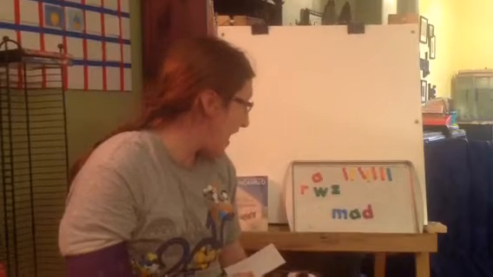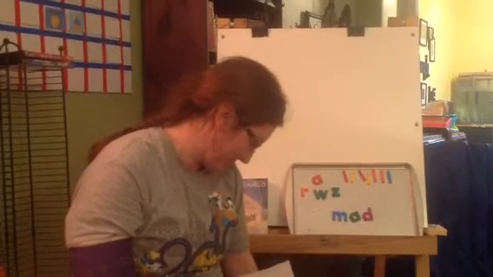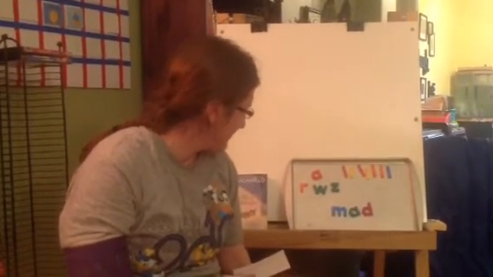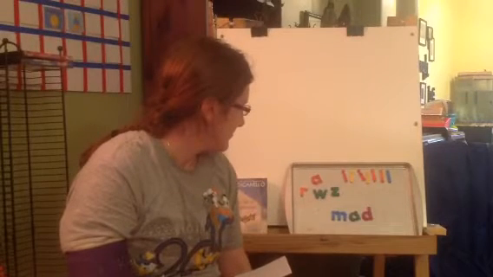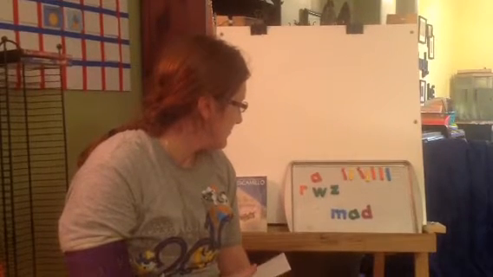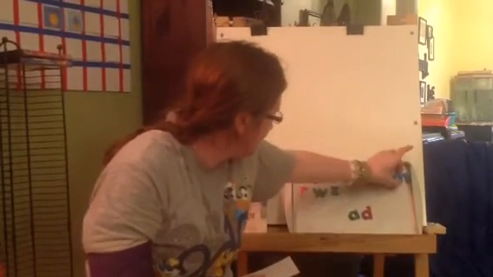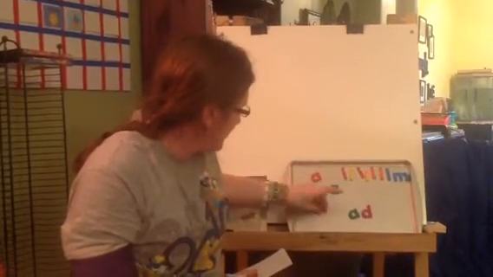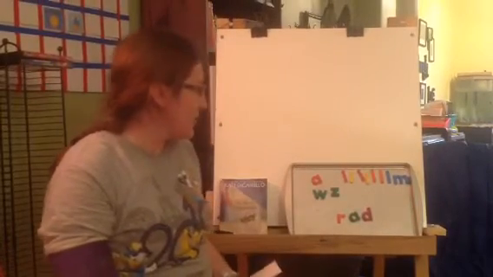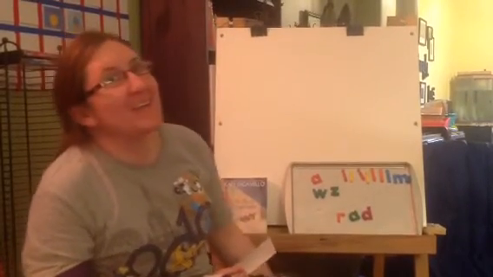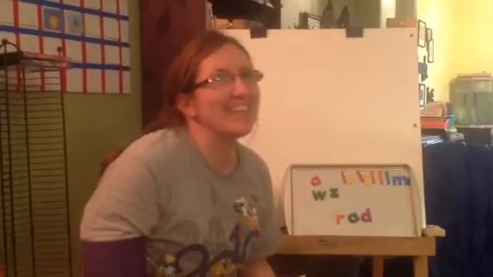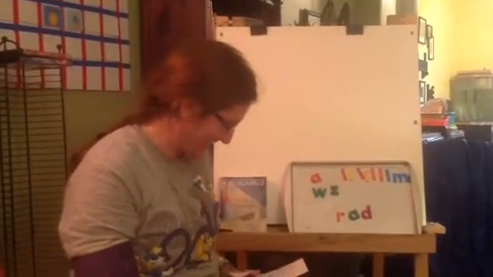If you don't have mad, add it to your list. I'm going to change my M to an R and make the word rad, which means really cool. If you don't have rad, add it to your list.